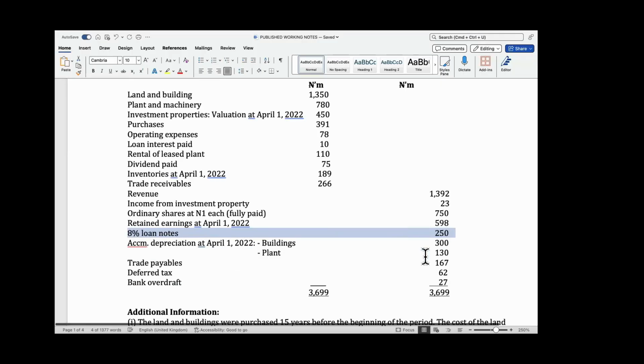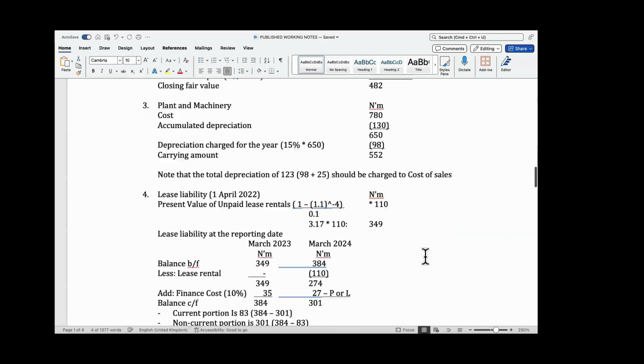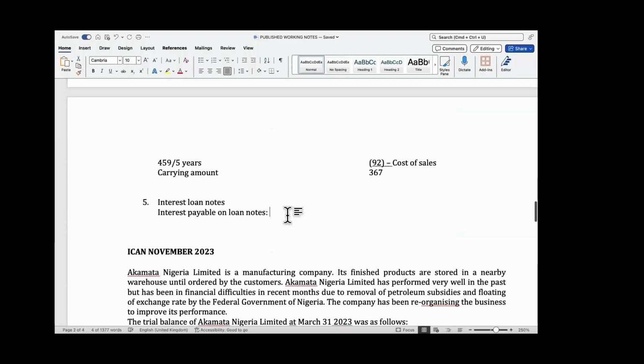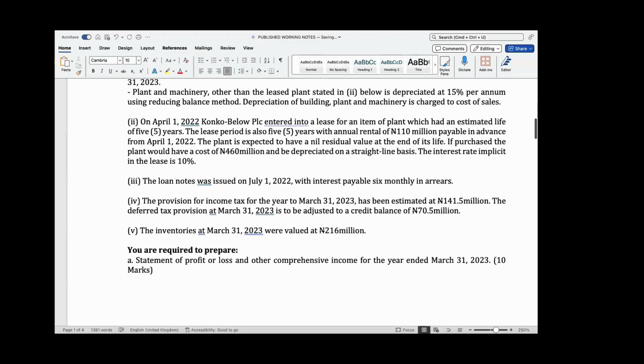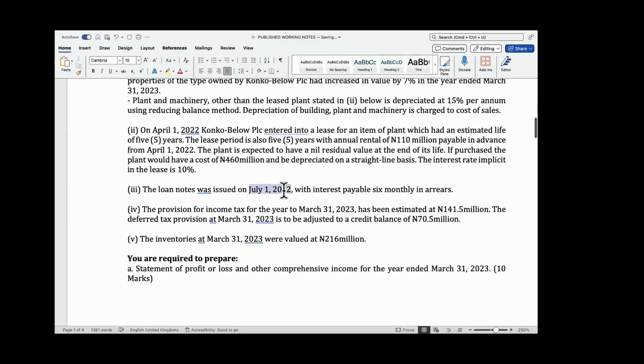So the interest payable is 8% times 250. However, we issued this loan note in July.